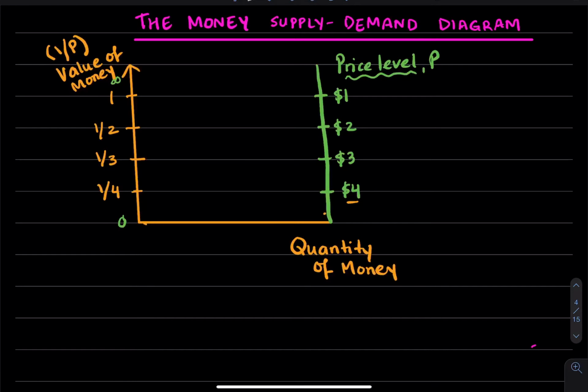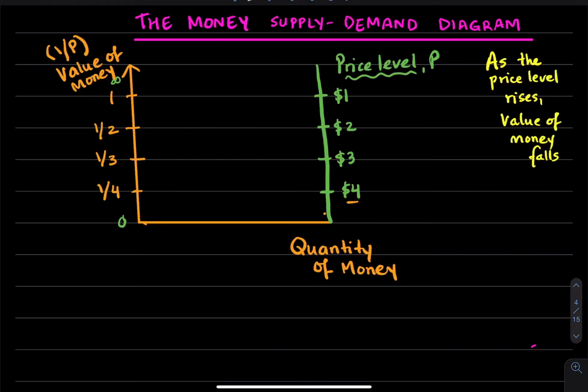Okay, so this is basically showing you that as the price level rises, the value of money falls.